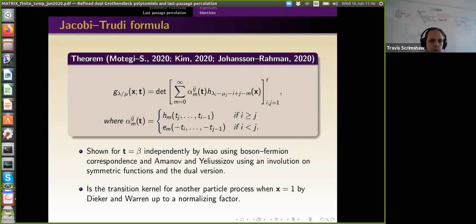And this also appears in Decker and Warren's work when all of the x parameters are equal to 1. It's the transition kernel for another kind of particle process where particles can hop with geometric rates and push other particles along. It's case A in their paper.